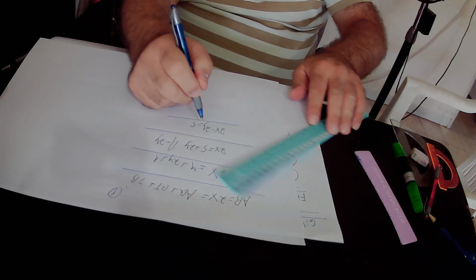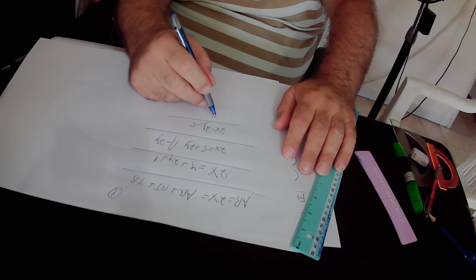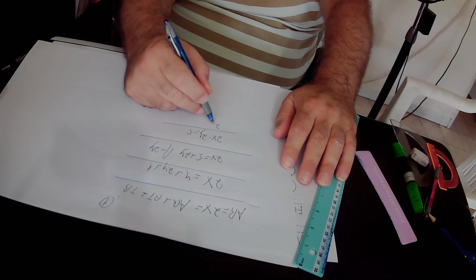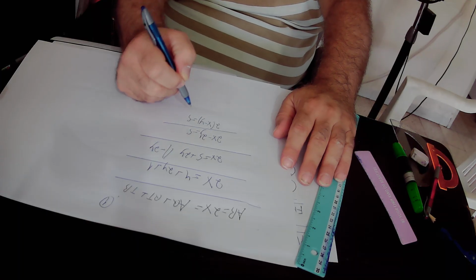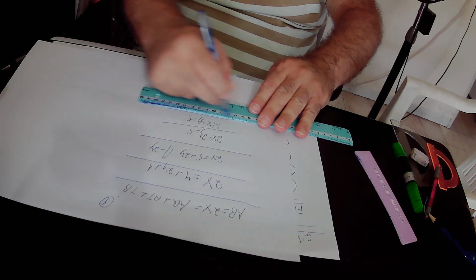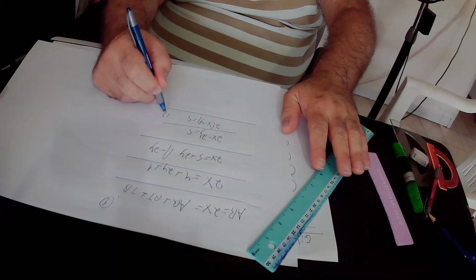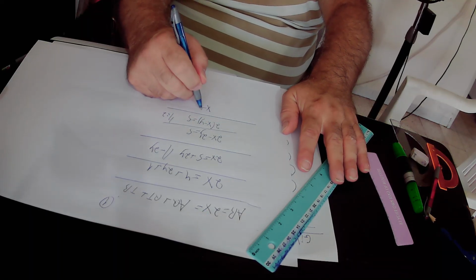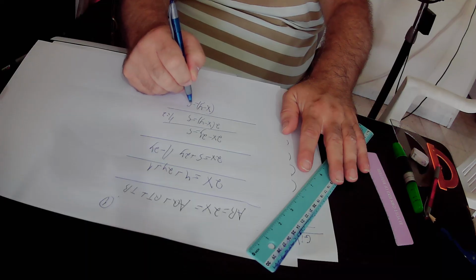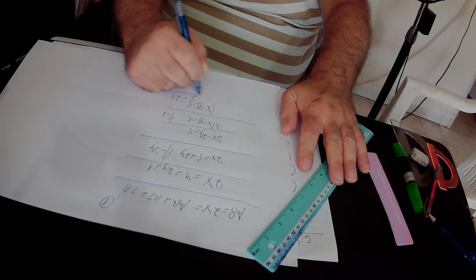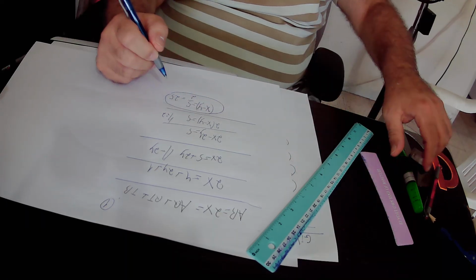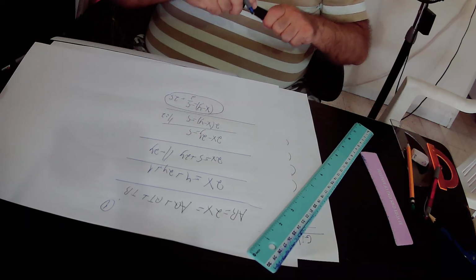Here we'll take 2 out as a common factor from those two expressions. So inside the brackets we are left with x minus y, so 2 times (x minus y) equals 5. Here we will divide this equation by 2, and finally get that x minus y equals 5 over 2. 5 over 2 is 2.5. So in total we found out that x minus y equals 2.5 units in its length.